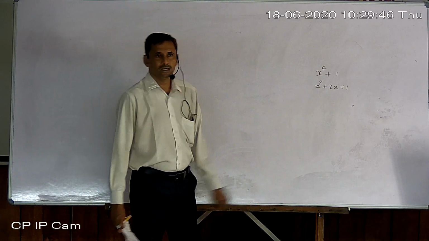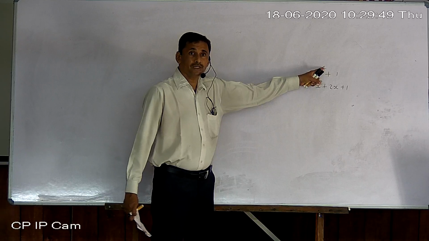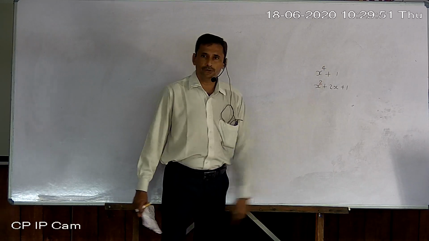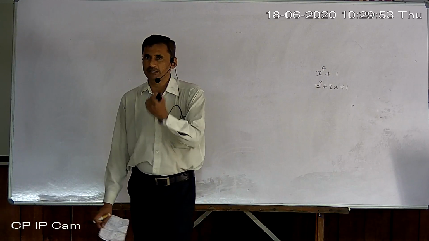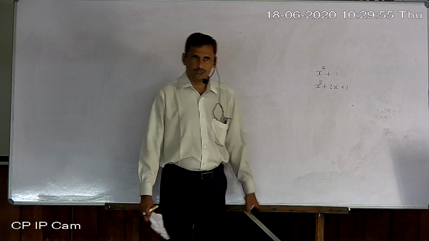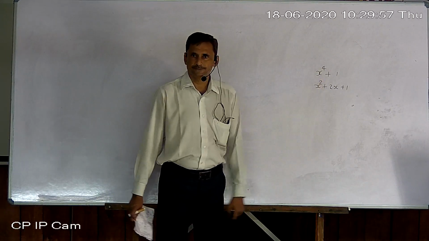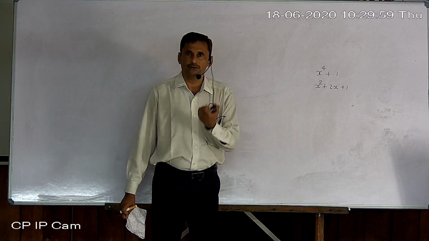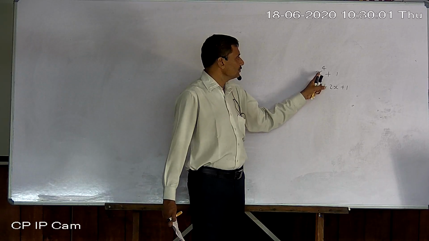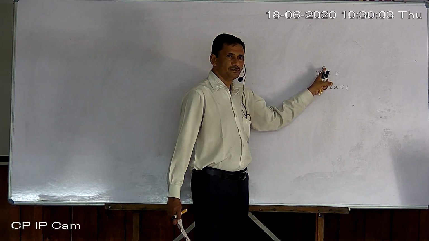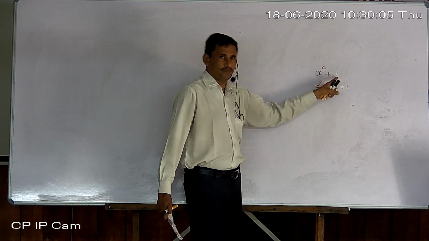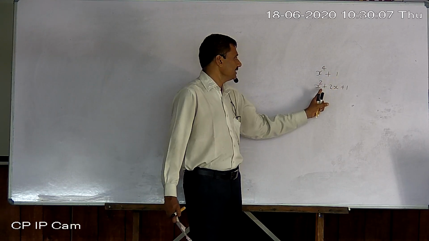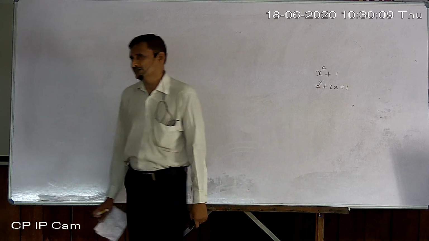Why? Because the degree of the polynomial is 4 here and 2 here. What is meant by degree of polynomial? You know, the biggest degree of a particular term. So the first one, x raised to 4 plus 1, is divided by x squared plus 2x plus 1.